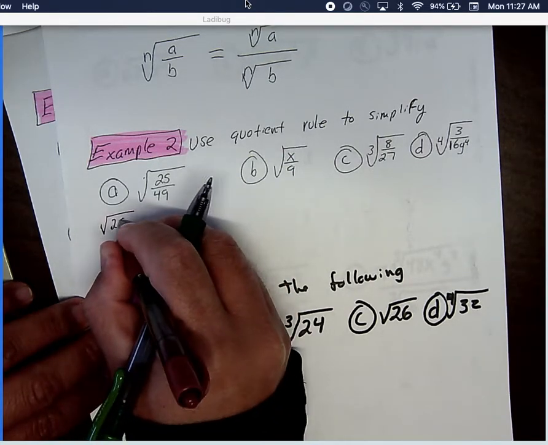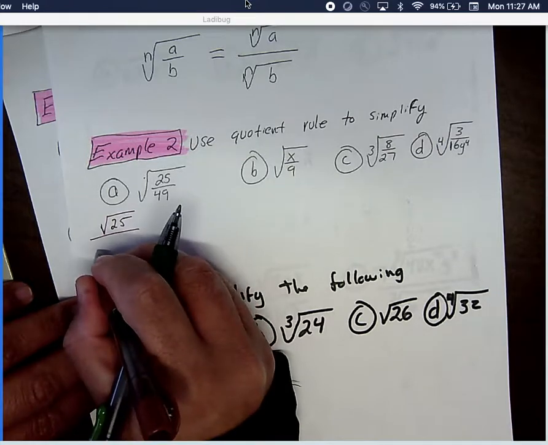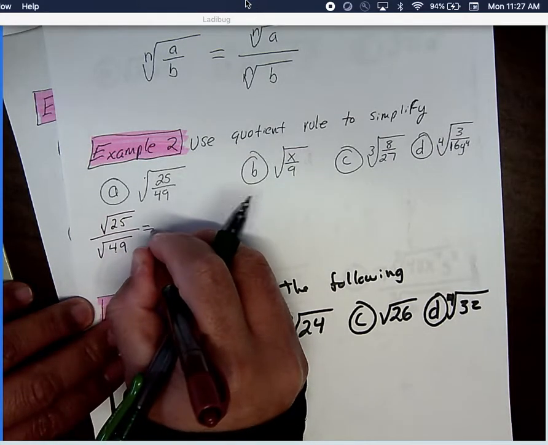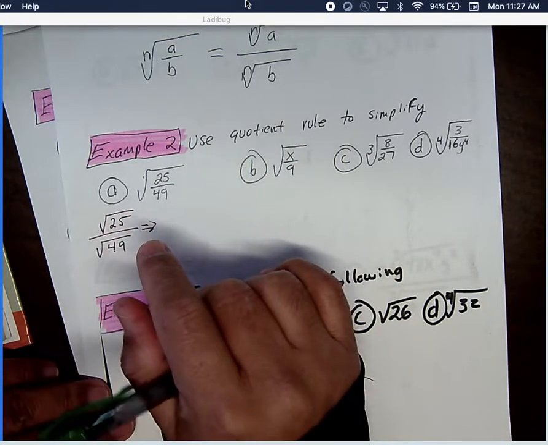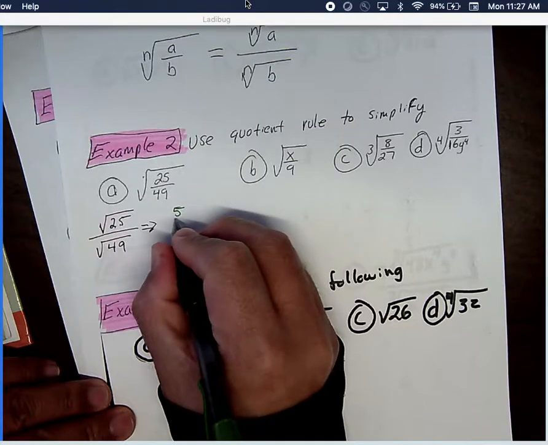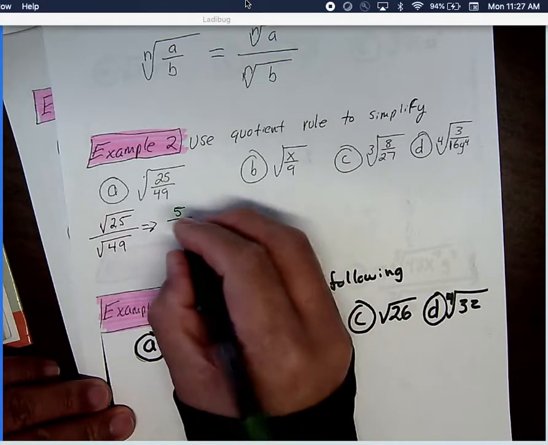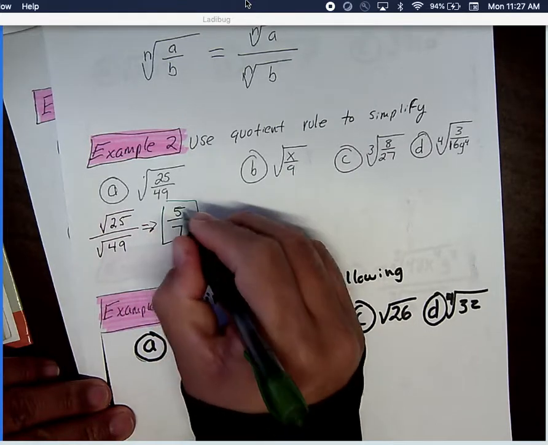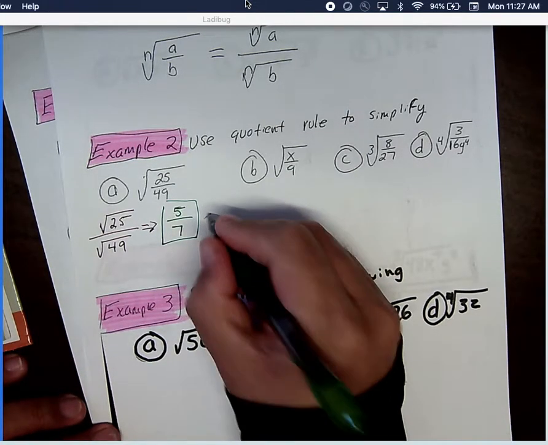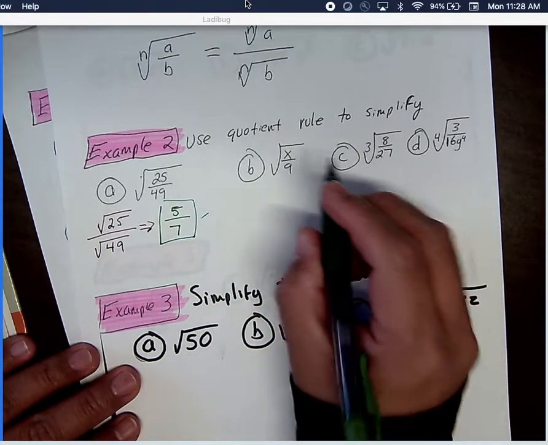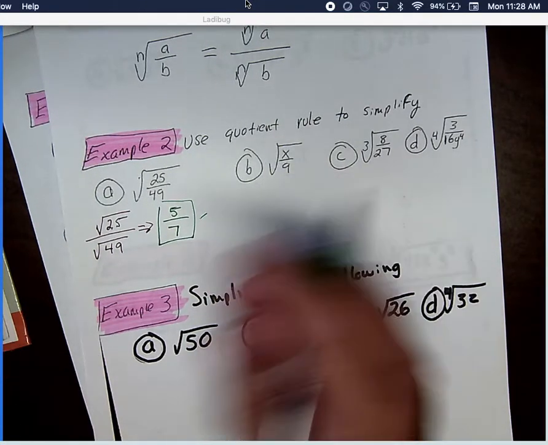Square root of 25 over square root of 49. So now it's easier to see what the square root of 25 is, 5, and what the square root of 49 is? That's 7. And you can't simplify this further, so that's the answer. Okay, this one, again, they have the same root, so you can separate them.